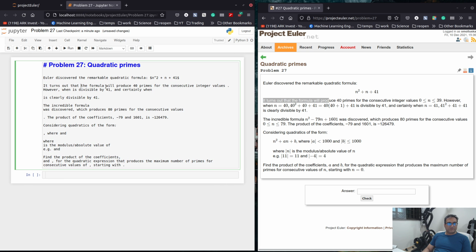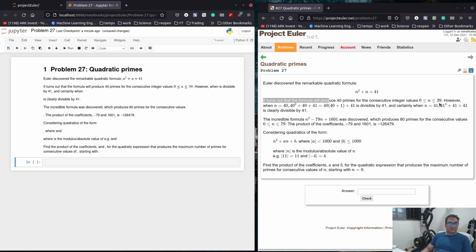It turns out that the formula will produce 40 primes for the consecutive integer values, and over here we have 0 less than or equal to n less than or equal to 39. Okay, so that's done.